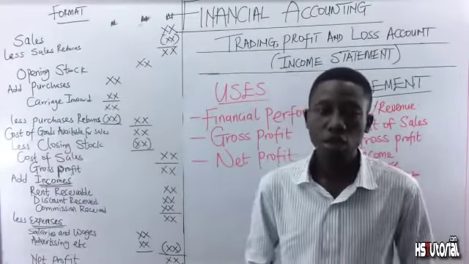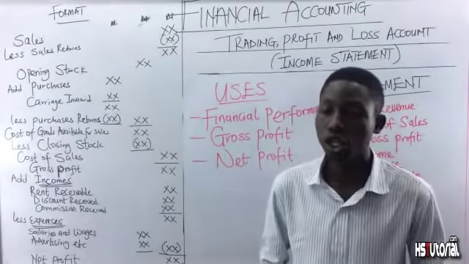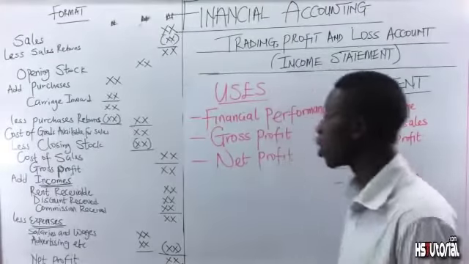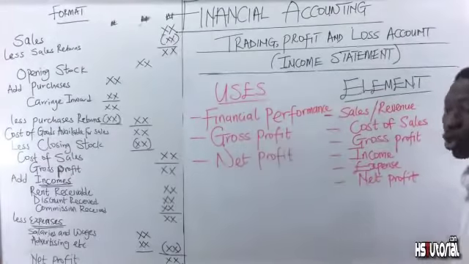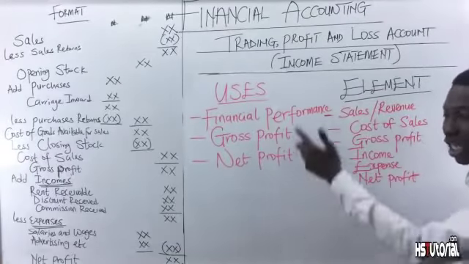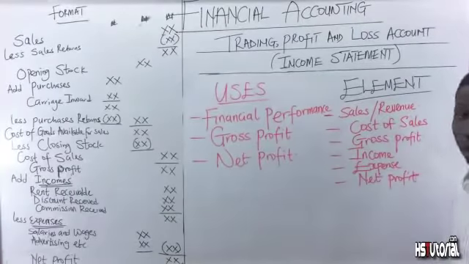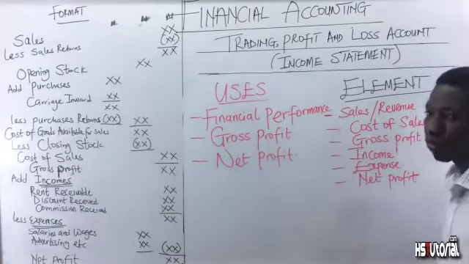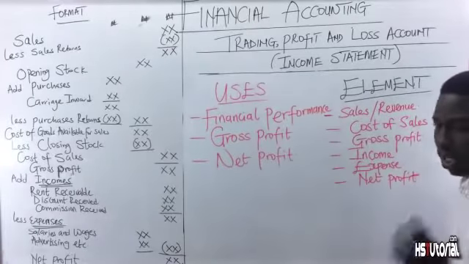Now, let me tell you the uses of income statement. What are the things you will need to use income statement for? The first one is to show your financial position. That is the first thing. Then the second thing you can use your income statement to show is your gross profit. That is the profit from your operation, from your day-to-day activities.